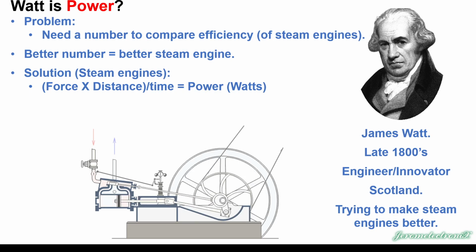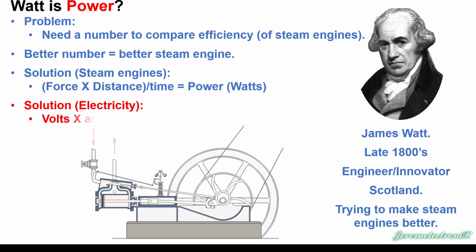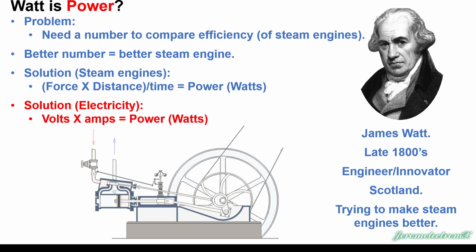In electronics, we have an equivalent equation for power, and that's what I want you to write down. The solution for electricity happens to be volts times amps, and its result is equivalent to the other equation, which means we could set these two equations equal to each other.